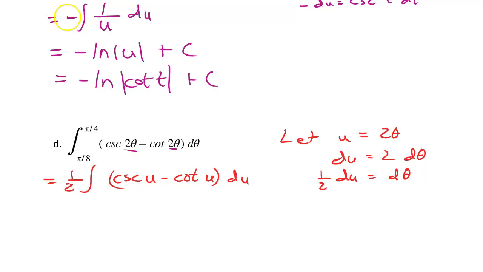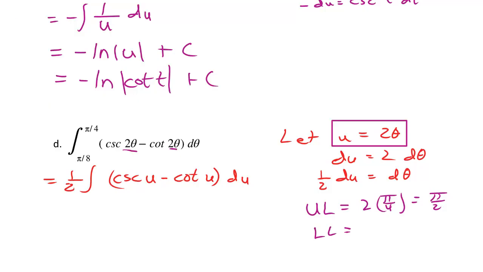And then we're going to need to change our limits. So the upper limit, and when you're changing your limits, you just use how you defined u. It's 2 times theta, so the upper limit is going to be 2 times pi over 4, which is pi over 2.